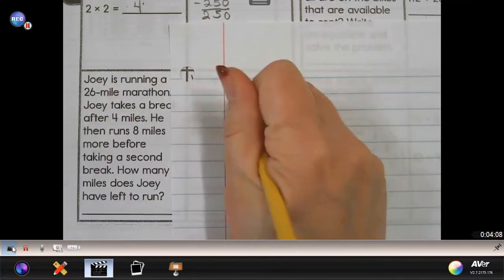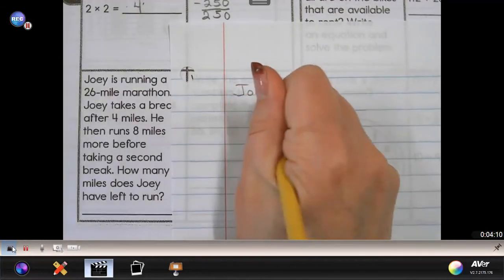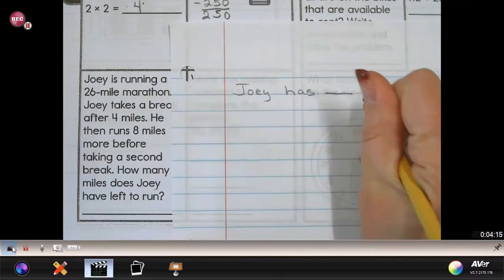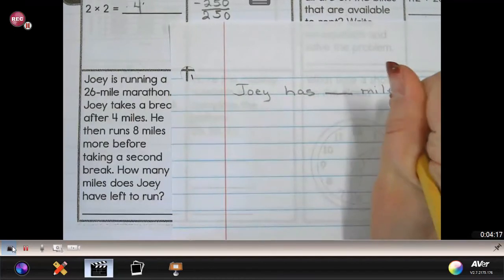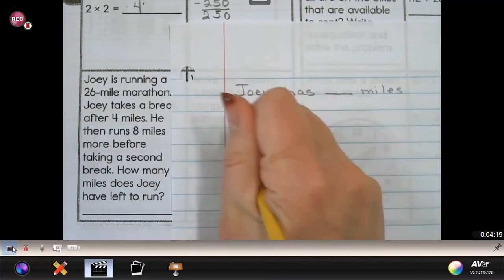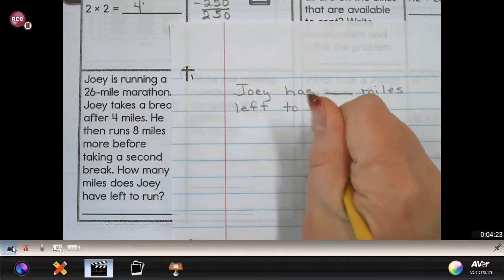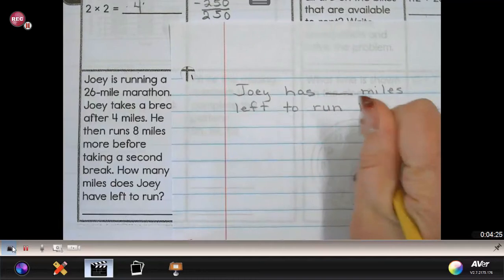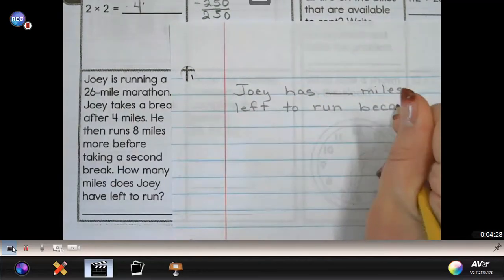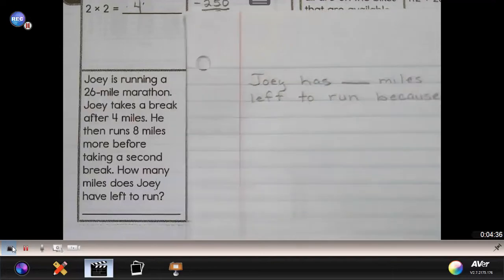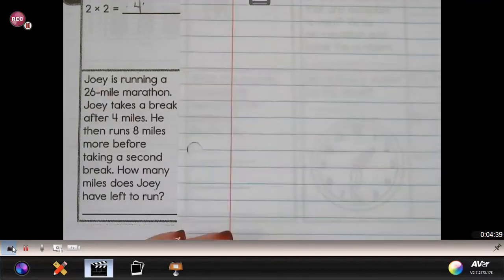So we would say Joey has blank miles left to run because, and then we can come back to that and answer it. So we're going to give ourselves a little bit of space, and we'll come back to that a little bit later.